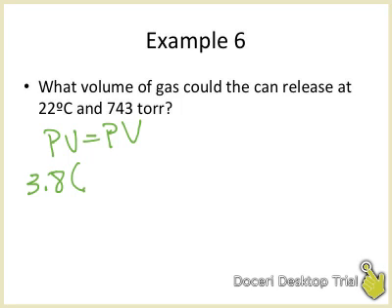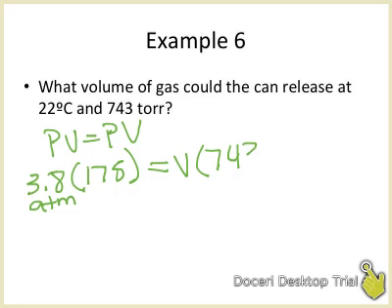Our initial volume was 175. Uh-oh. This time we are in torrs and not atmospheres, right? So, since I've actually already started my problem, I'm just going to do this. I'm going to do 700. I'm just going to add my conversion factor right into here.